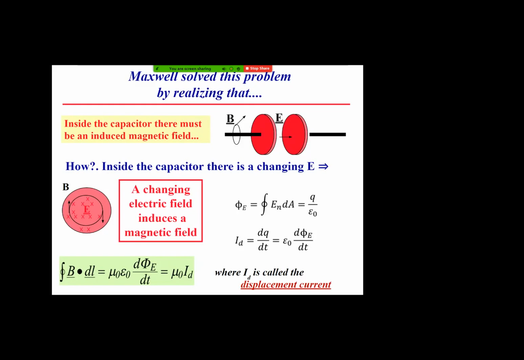So in that case, we introduce the concept of displacement current. So that gives you this: if you integrate through a closed path over here, it's equal to mu naught epsilon naught d phi e over dt, which is equal to mu naught times I_d. Again, I displacement.